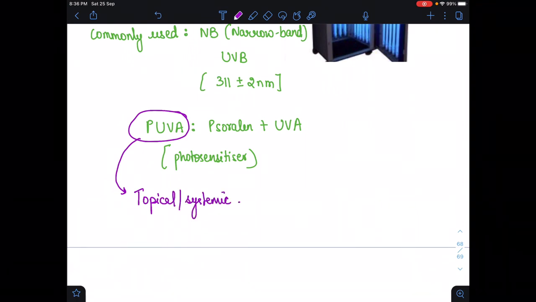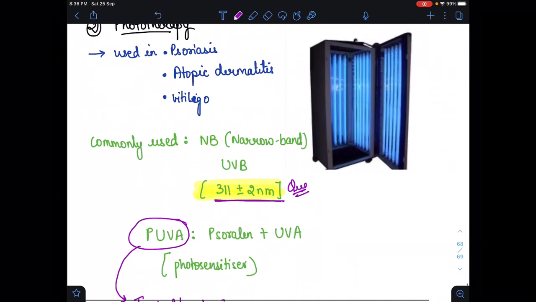So this is phototherapy, and the important question asked from phototherapy is the range of the ultraviolet B rays, that is around 311 plus minus 2 nanometer. It is a previous year question that in phototherapy we use 311 plus minus 2 nanometer ultraviolet B rays, and it is used in psoriasis, atopic dermatitis and vitiligo.